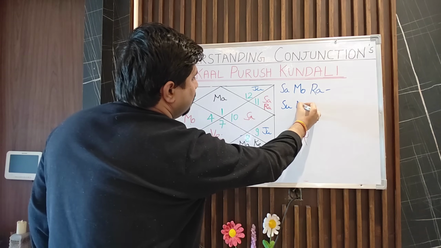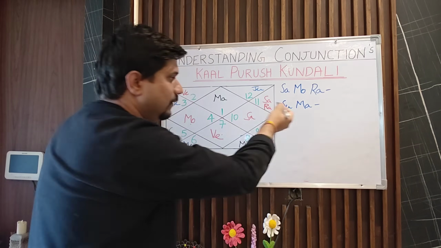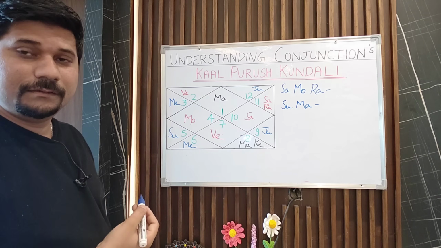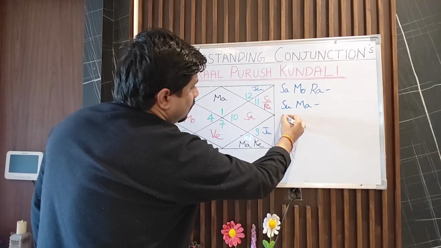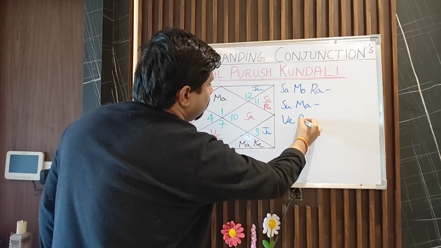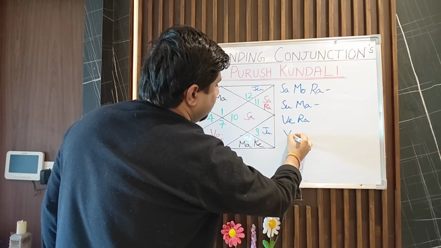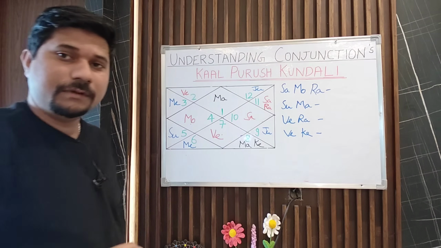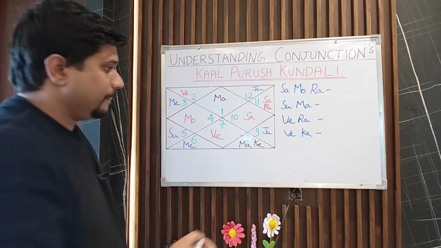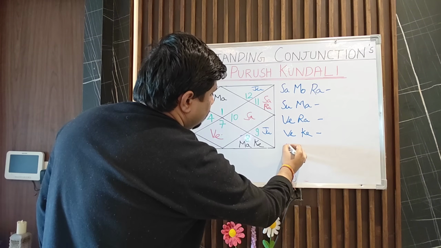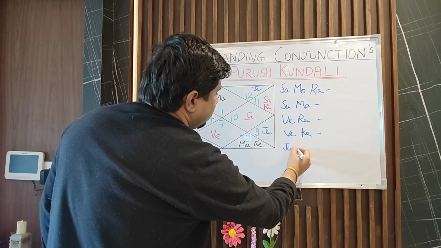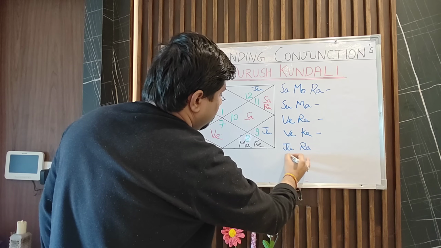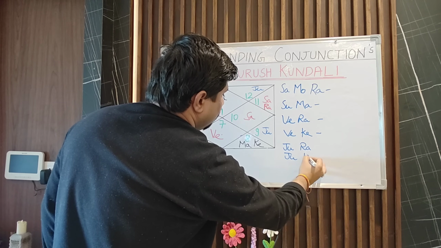Sun and Mars conjunction in the horoscope, what is this going to do here? Venus and Rahu, and Venus and Ketu, what will they do in the horoscope? We will also try to understand Jupiter forming a connection with Rahu, and Jupiter forming a connection with Ketu, what will happen?